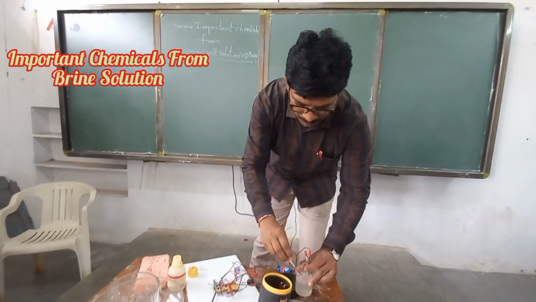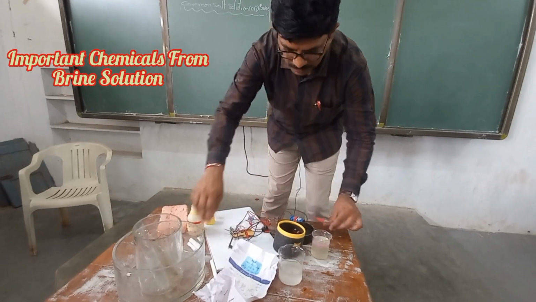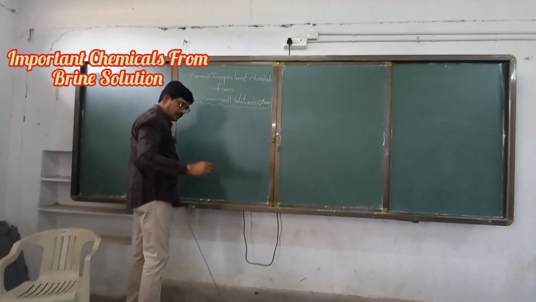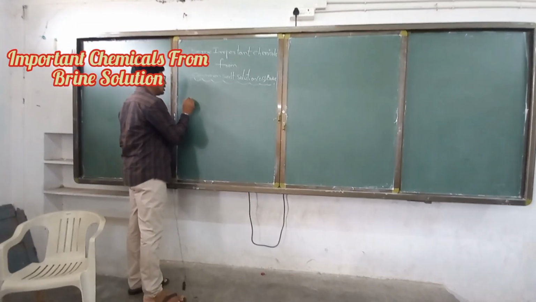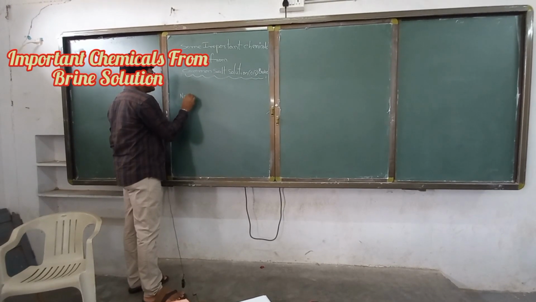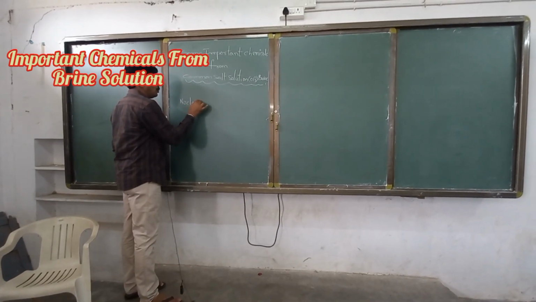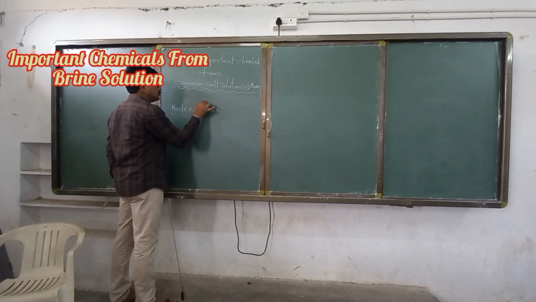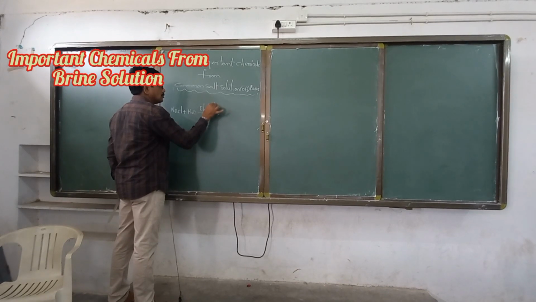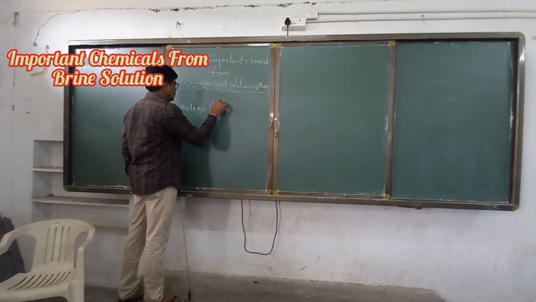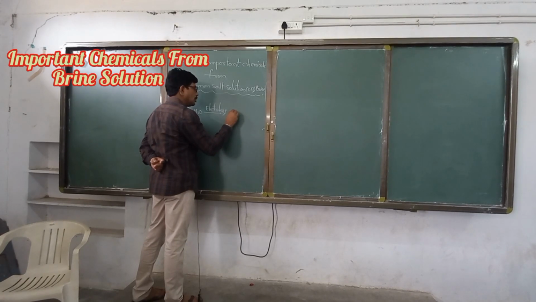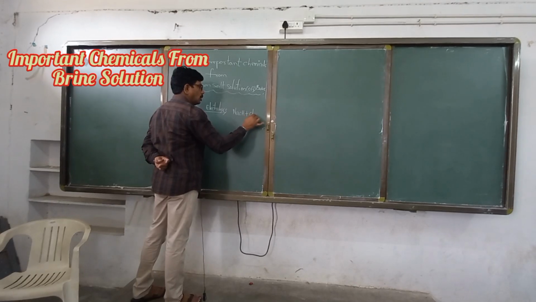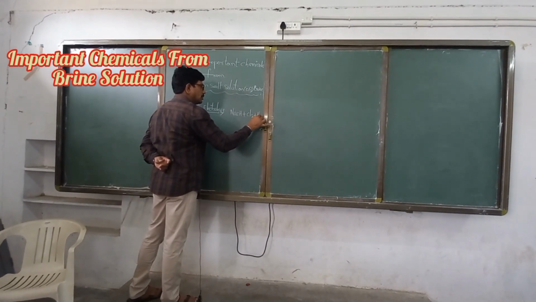Now, write down the chemical reaction that is taking place. Here I am writing the balanced equation. First I have taken salt solution NaCl plus water. I am passing the electricity, so you will get sodium hydroxide plus chlorine and hydrogen.